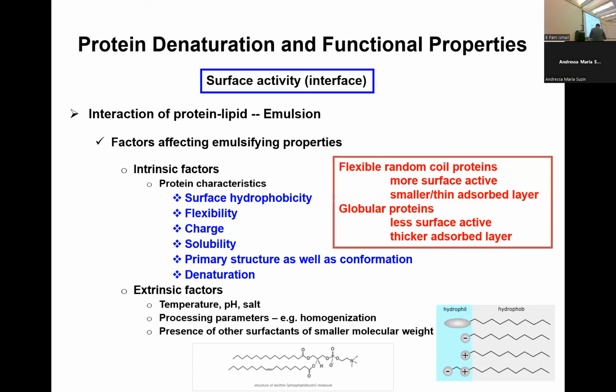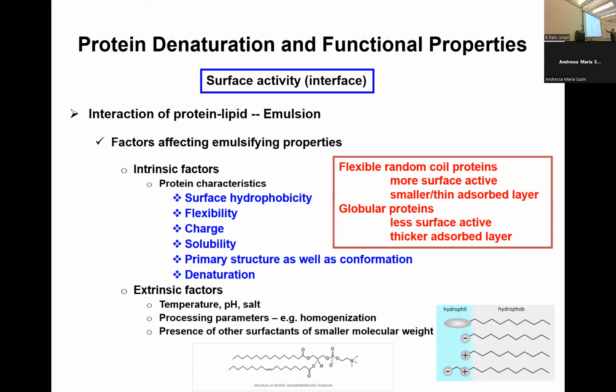I just want to elaborate visually on what I'm talking about. You want to think about your proteins forming a film, so individual protein molecules forming a film around, let's say you have oil here and then water. And then you have another oil droplet and another oil droplet.